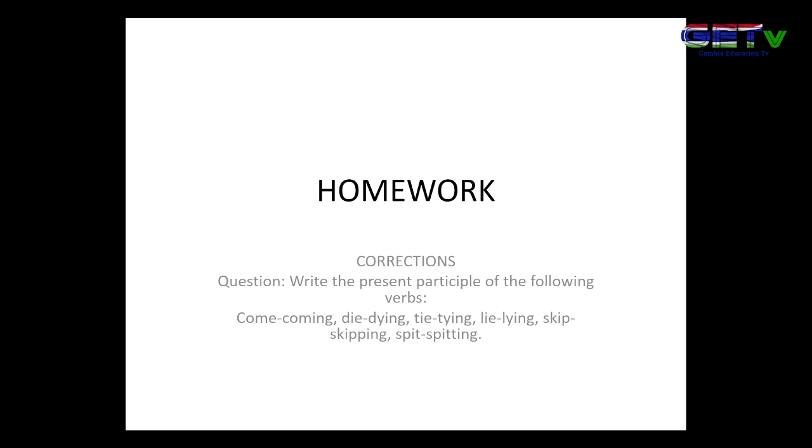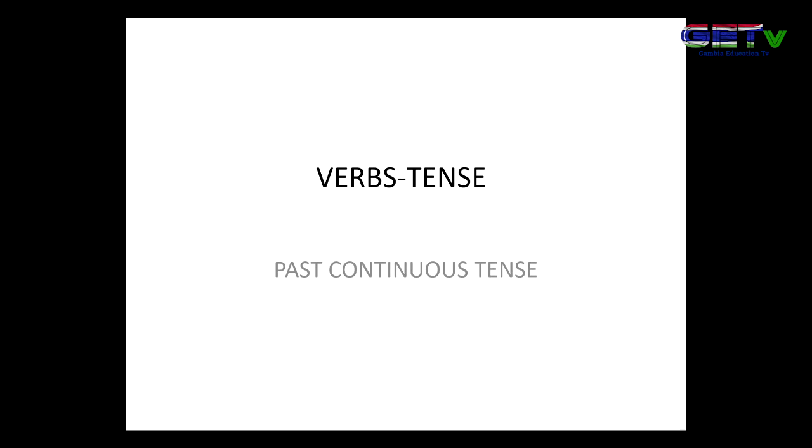Skip is another verb that doubles the last letter, becomes skipping. The P is doubled. Spit belongs to that category as well, becomes spitting. So that was the homework. Well done for those of you who did it.